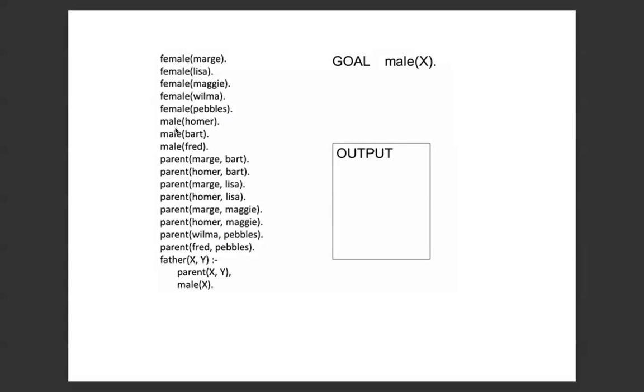But as always, it doesn't stop here, it moves ahead and finds another fact where male is the predicate. And this time it associates the value X with Bart and moves on and finds another predicate where X is associated with Fred. Now, as you can see here, there are no more facts where male is the predicate, and that's where we can end it.